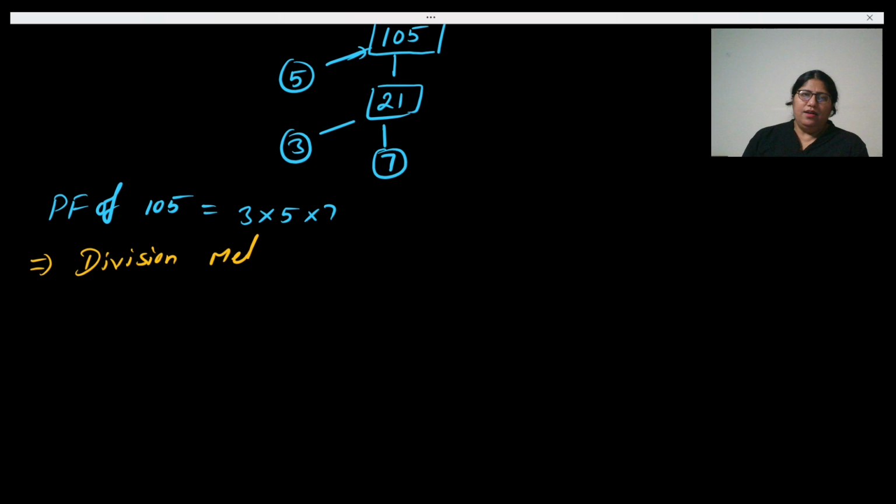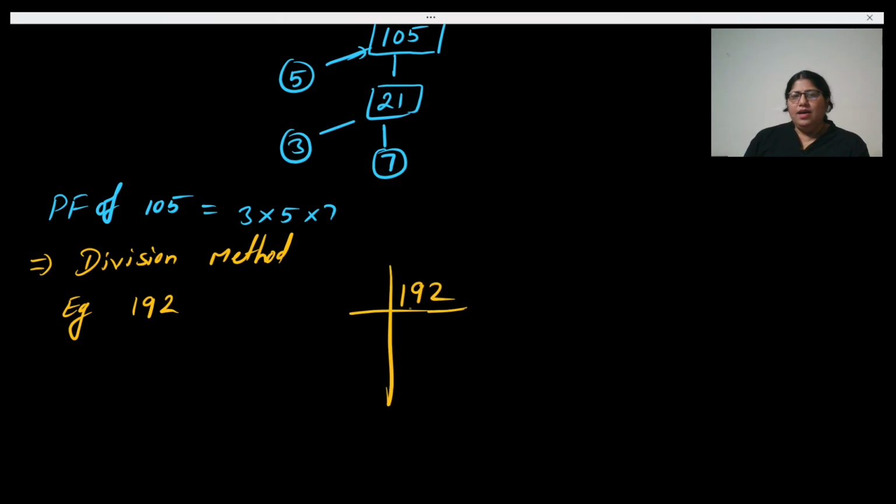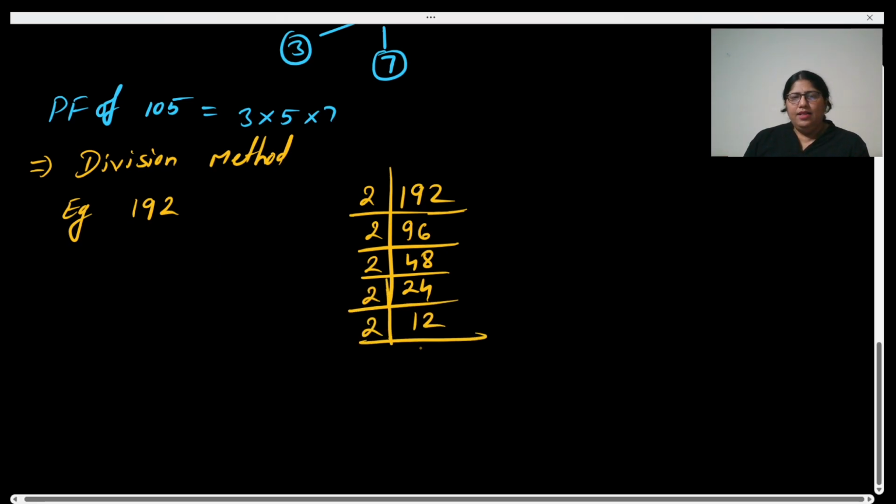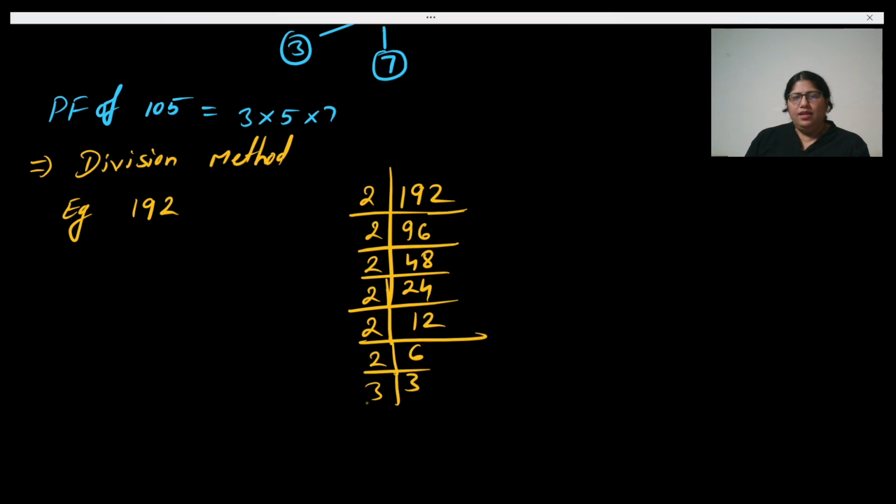If I take the division method, let us take one example. If I take 192, how do we do it here? I can follow the division method, and the first number is an even number, so it will be divisible by 2. 2 nines are 96, and then 48, then if you divide 48 by 2 it is 24, then 12, then you can write 6, then 3, and then 3 ones are 3.